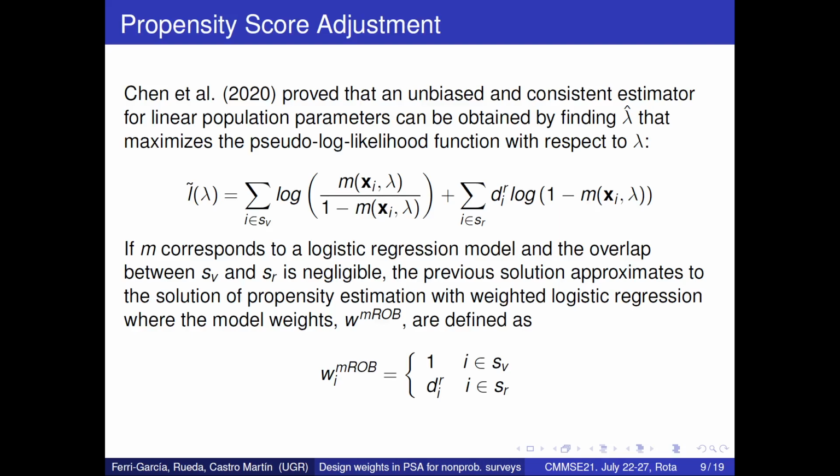And in that case, if the overlap between both samples is negligible or the sampling fraction is small, then this same solution can be approximately achieved by fixing unitary weights for individuals in the non-probability sample and design weights for individuals in the probability sample. So we train a weighted logistic regression model with these weights, and its solution is approximately equivalent to this one provided by the pseudo likelihood function.